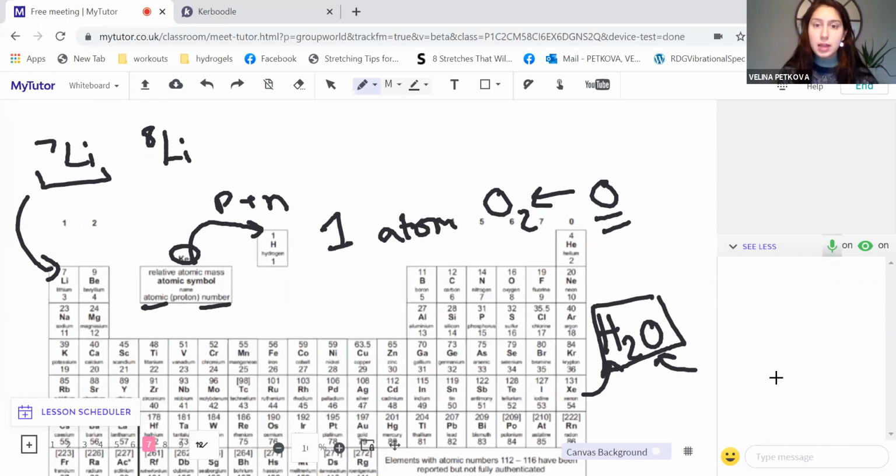Yeah, for 7 Li, we have 4 neutrons. For 8 Li, how many neutrons do we have? Brilliant, 5, exactly. So for isotopes, we have the same element, which means the exact same atomic number. However, the number of neutrons can change, therefore the mass number can change. Perfect. Okay.